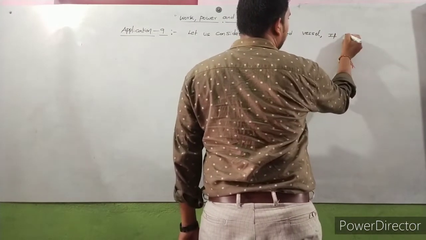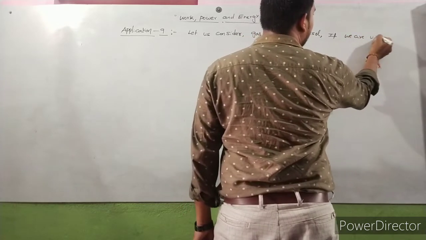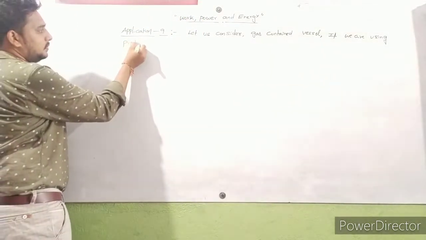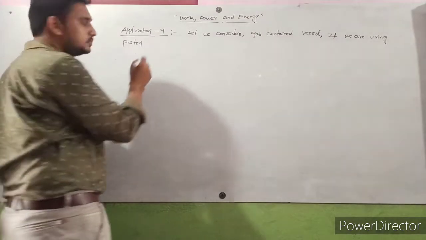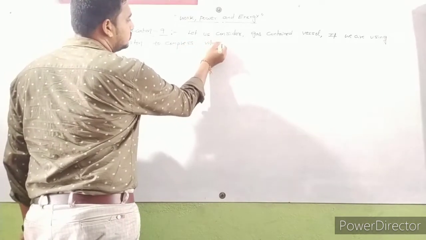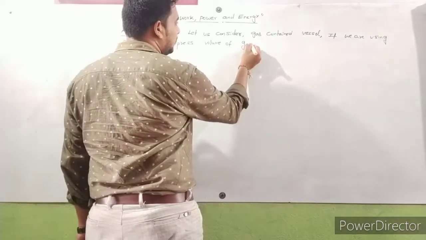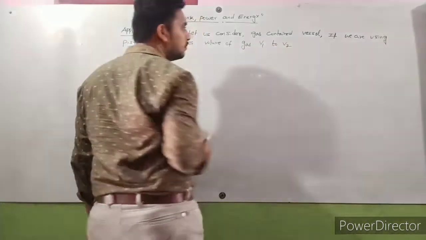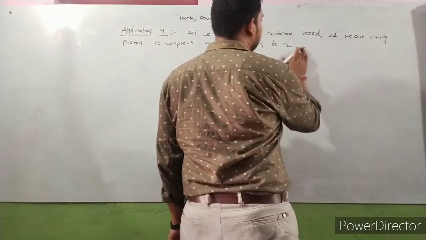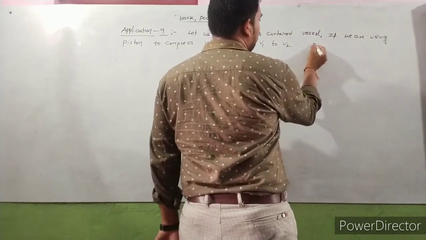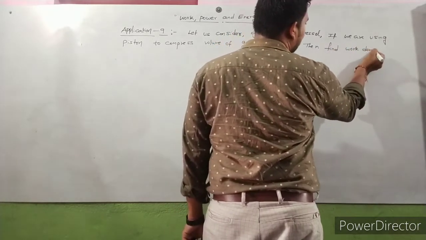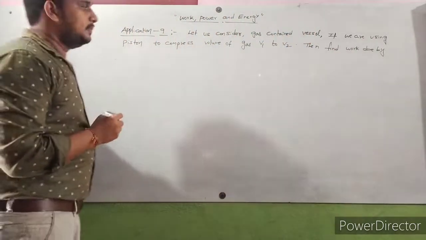If we are using a piston to compress the volume of gas from V1 to V2, then find the work done by the piston.